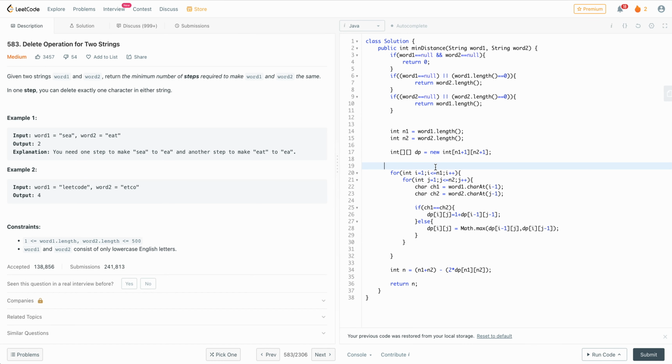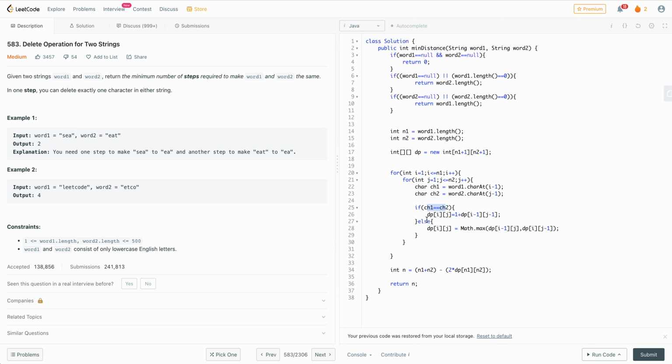Last thing pending is to find the length of the longest common subsequence. In order to calculate the longest common subsequence, we will fill the dp array. We will iterate through the array and check if the character at index i minus 1 from word 1 is equal to the character at index j minus 1 from word 2.